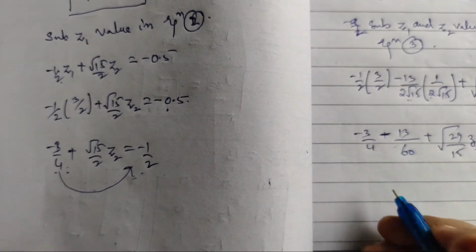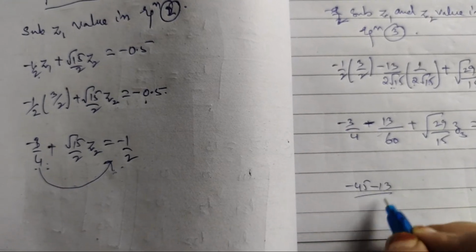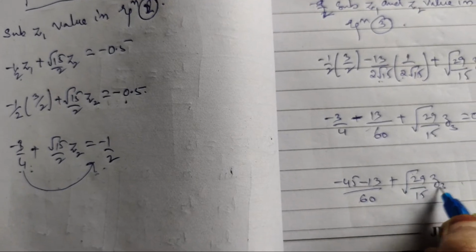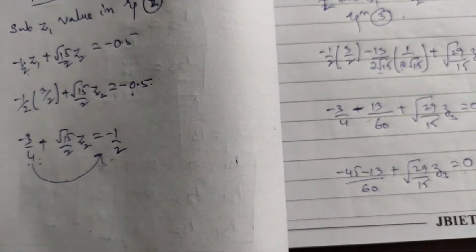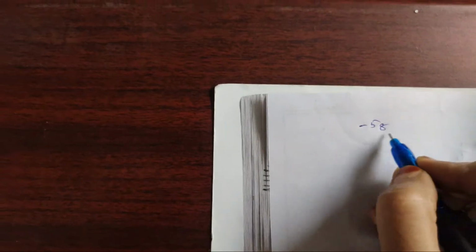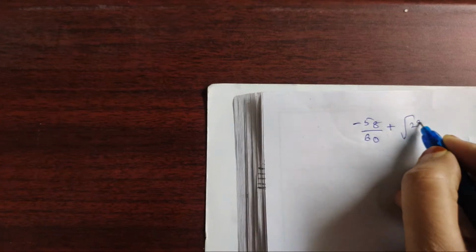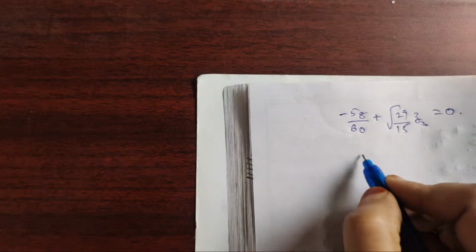First you solve for this part: minus 45 minus 13 by 60, where minus 45 minus 13 is minus 58. So minus 58 divided by 60, then plus root 29 by 15 z3 equals 0.